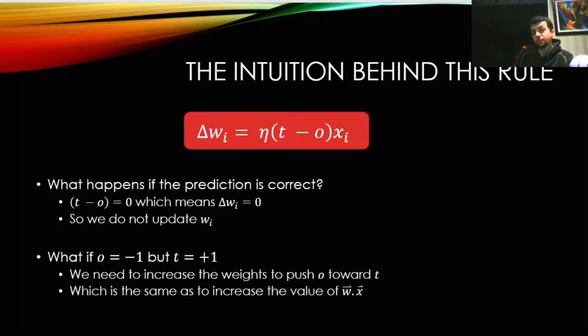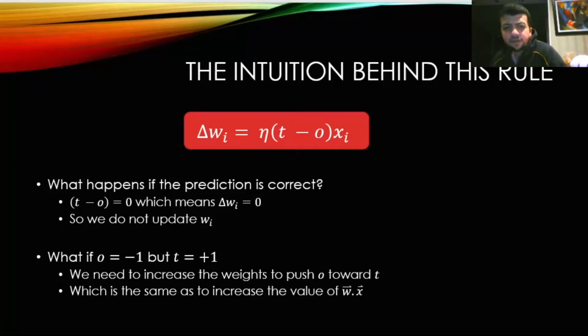Because when the prediction is correct, it means that if the ground truth of your training example is +1, you have produced +1. And if the ground truth of the training example is -1, it means that your O, the output of your perceptron, is also -1. So T equals O, and then this whole expression will zero out, and then your delta w_i would be exactly equal to 0. So you don't need to update anything.